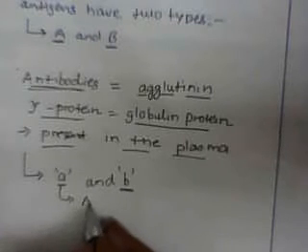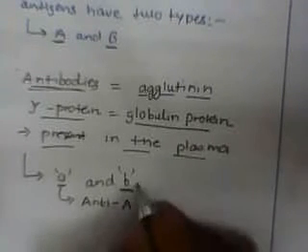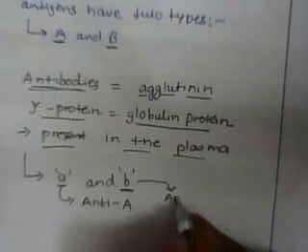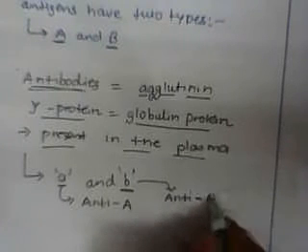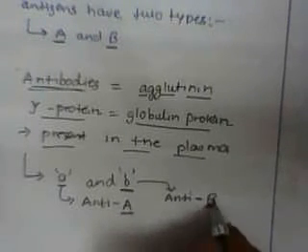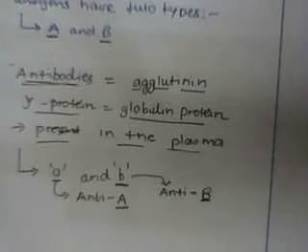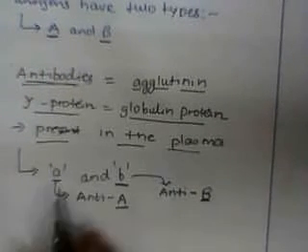Small a is also known as anti-A, anti-capital A, and small b is known as anti-capital B.